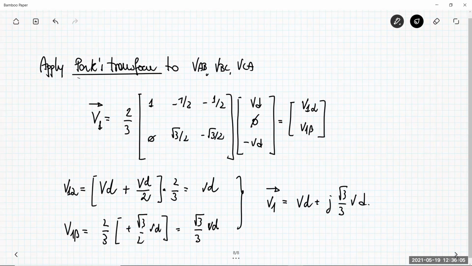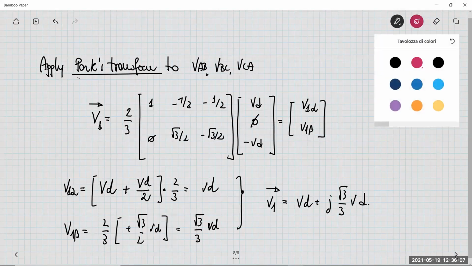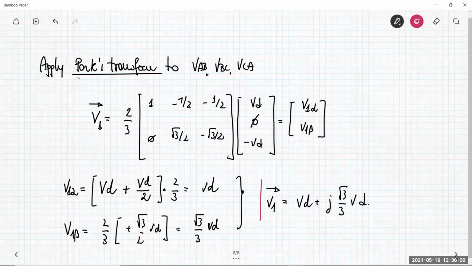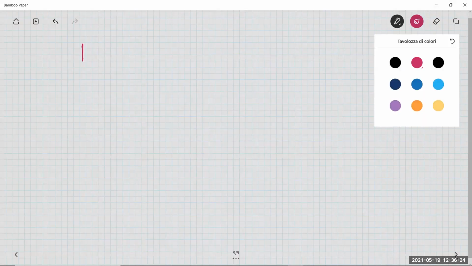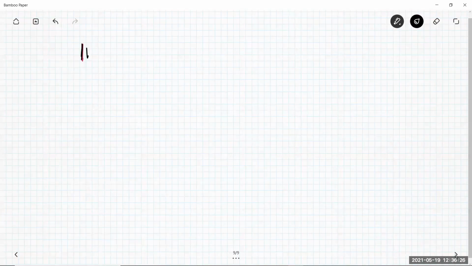You can also change this representation. This is in the real and imaginary part, but this complex vector can also be represented in the exponential form. In order to get the exponential form, you need to define the magnitude. The magnitude of the space vector is the square root of the real part squared plus the imaginary part squared.